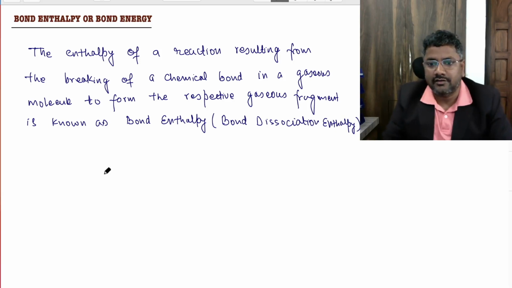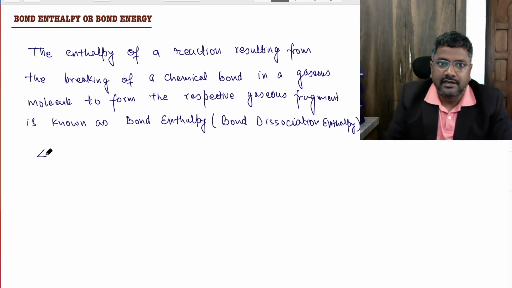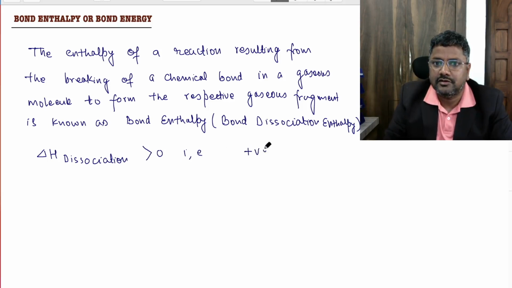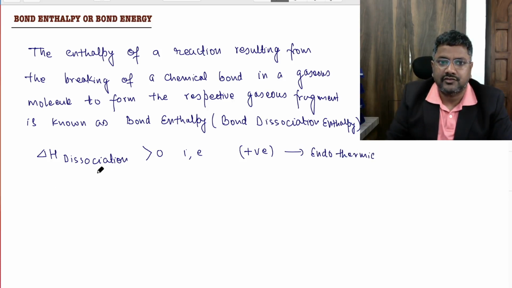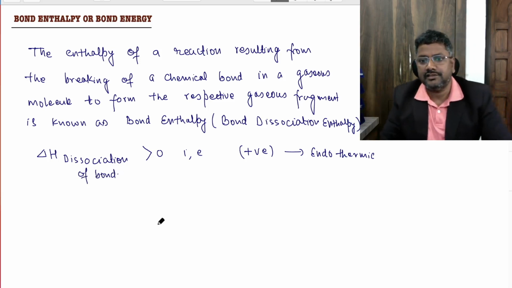because it is always true that delta H dissociation is greater than 0, that is positive, meaning endothermic, for dissociation of a bond, right?